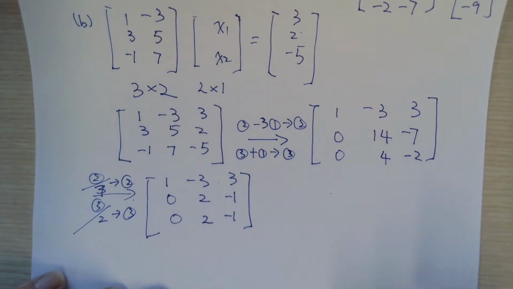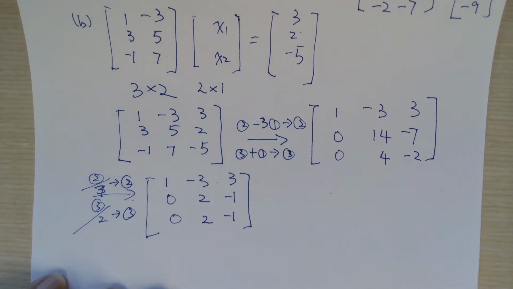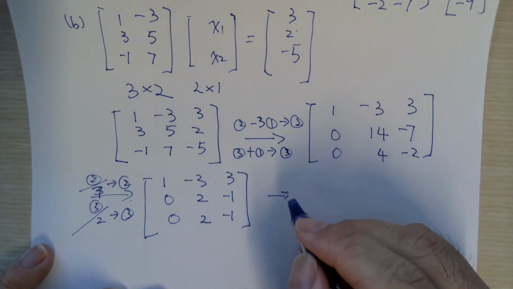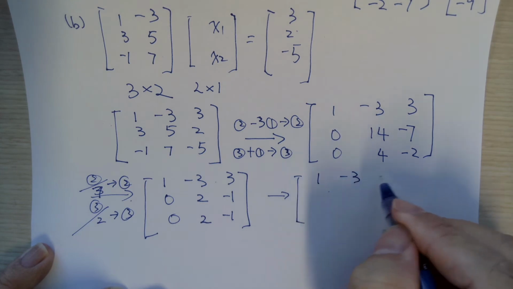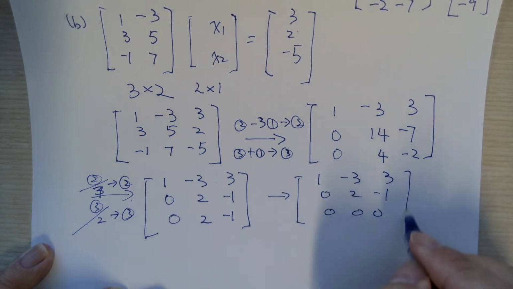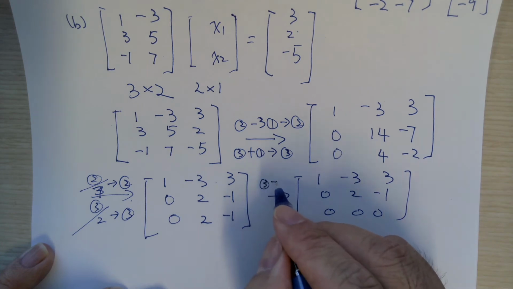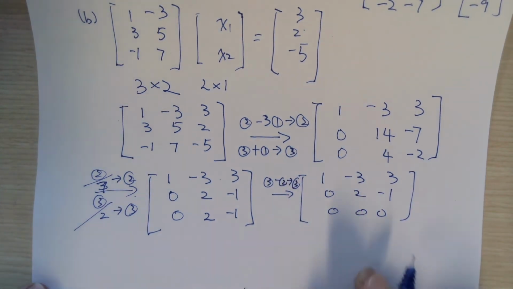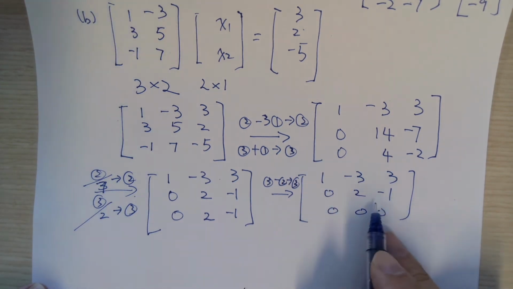So right now it should be good to go, right? Because the 2 and the 3 are 0, so you can drive this to 1, negative 3, 3, 0, 2, negative 1, 0, 0, 0, right? Use row 3 minus row 2 becomes new row 3. And then we can easily solve this, right?